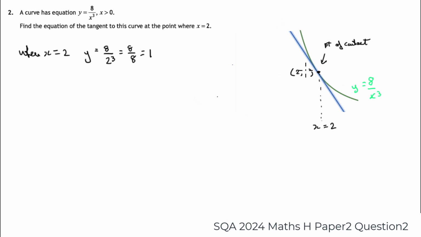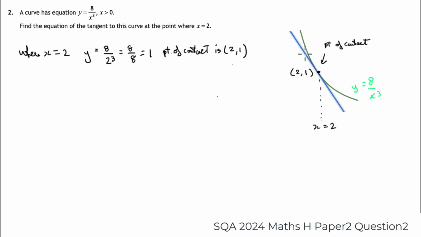Therefore, the coordinates of that point are 2, 1. So the point of contact of that tangent with this curve is 2, 1. So we've found a point on this line.